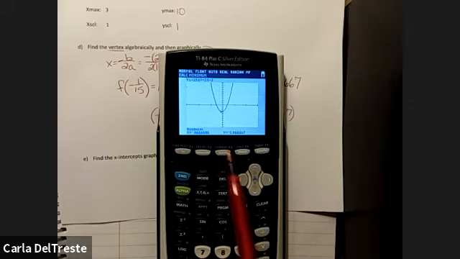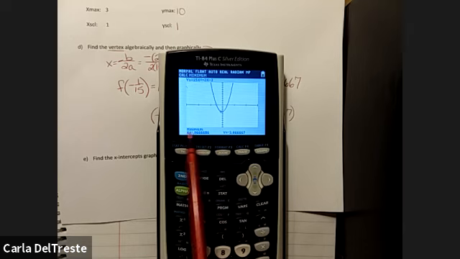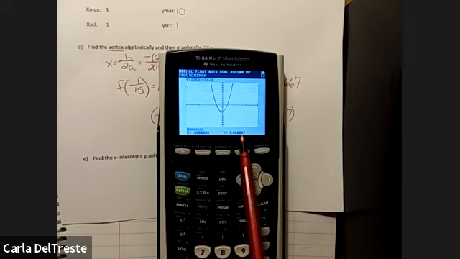You are not done until you see the word minimum, or maximum if it were a maximum, on the bottom of the screen. So now you can see that I get x equals negative 0.0666 and y equals negative 3.0666. So it does correspond to my algebraic answer. So that's how you would use your calculator to find the minimum.